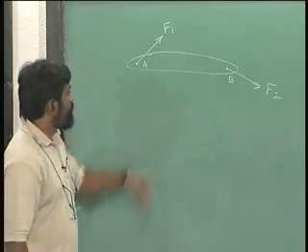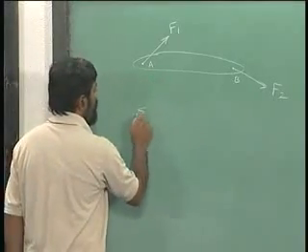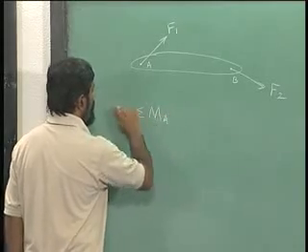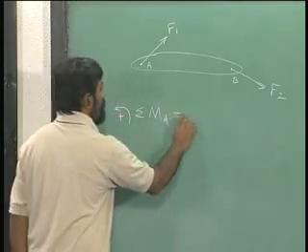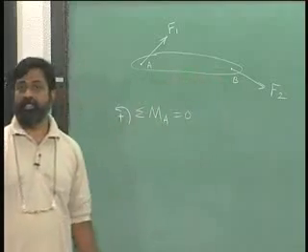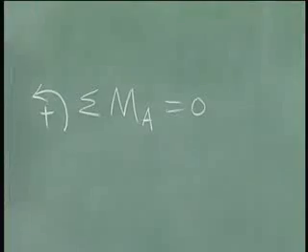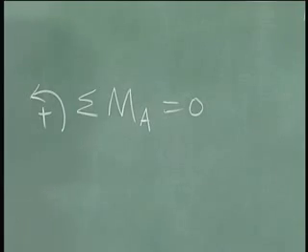Okay. So in this particular case, let us say moment about A is equal to 0 if this has to be stationary. Then what do we get here?